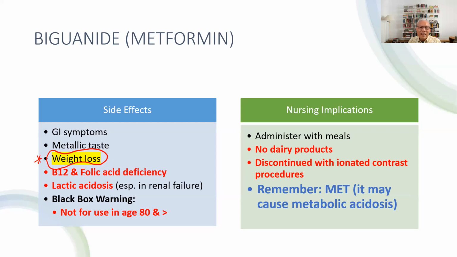And the other thing that is important to remember is that the use of metformin causes a consequent loss of B12 and folic acid. And therefore, we need to make sure that we monitor for B12 and folic acid deficiency. So this is also a very important side effect of metformin.